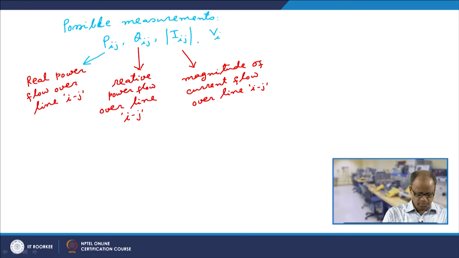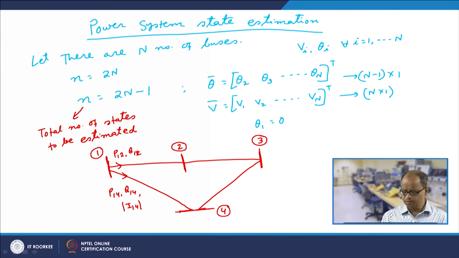We can also measure possibly Pi, Qi, that is the injected real and reactive power at some bus i. How is it possible? For example, suppose I have a PQ load here, and I put a wattmeter kind of a thing.